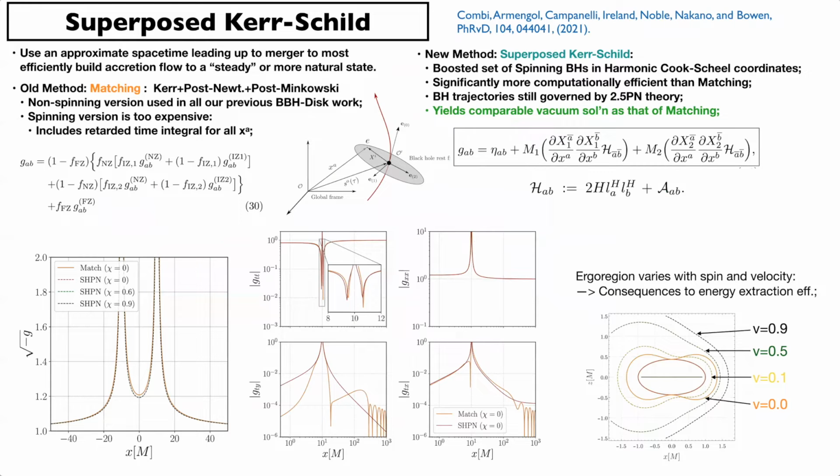We also developed this new superposed Kerr-Schild system. On the left, before we were using matched spacetimes, where different zones of approximation are used, and it was a little bit hard to include spins in the system because we needed to do these retarded time integrals that were very costly.